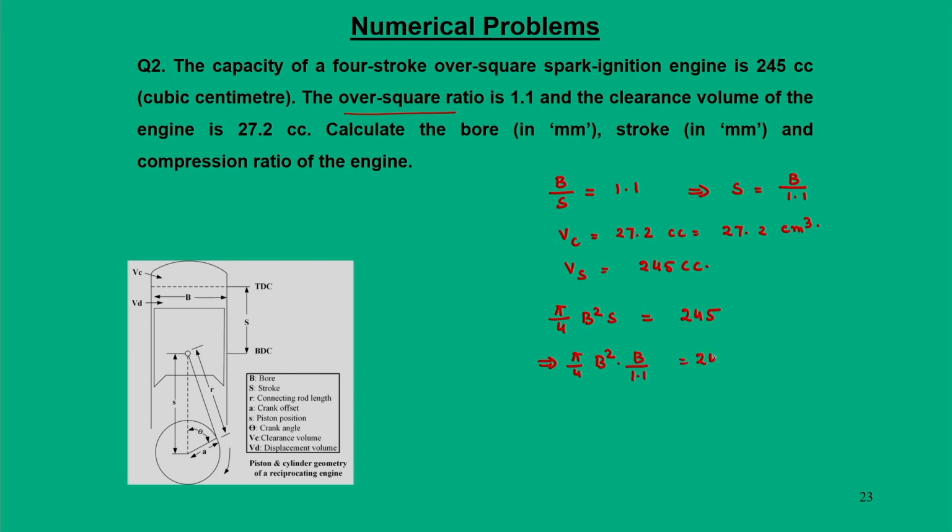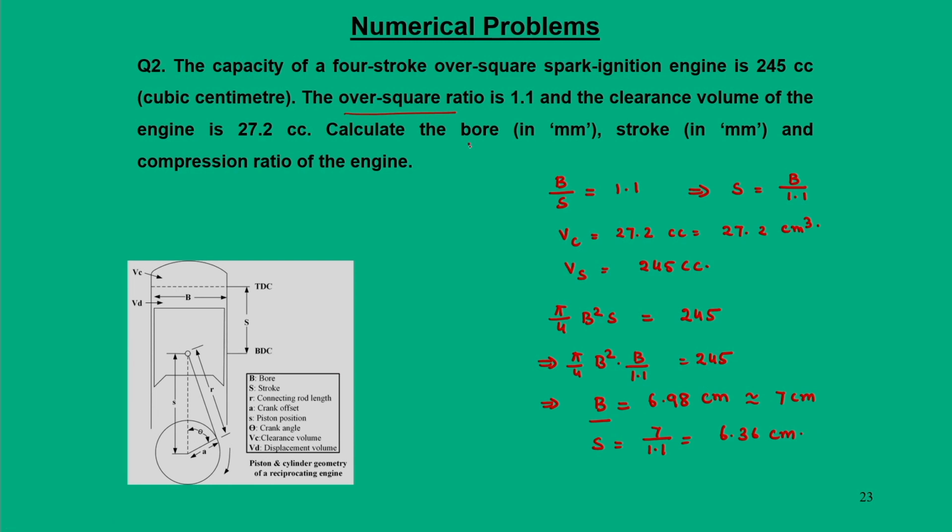From this we can get B as 6.98 centimeter, which we can approximate as 7 centimeters. Since we know B, S should be B by 1.1, that is 7 by 1.1. This number turns out to be 6.36 centimeter.